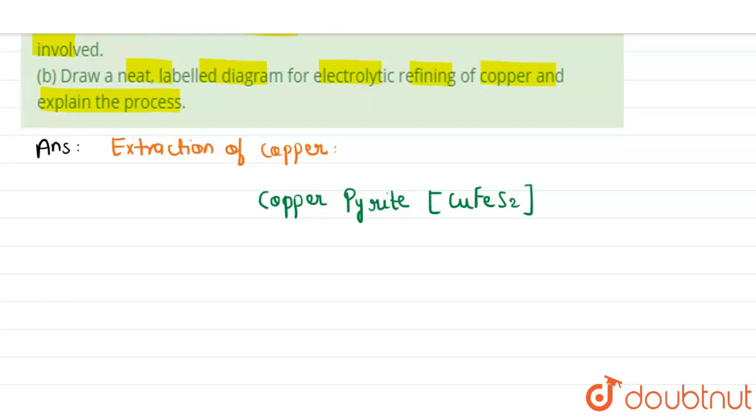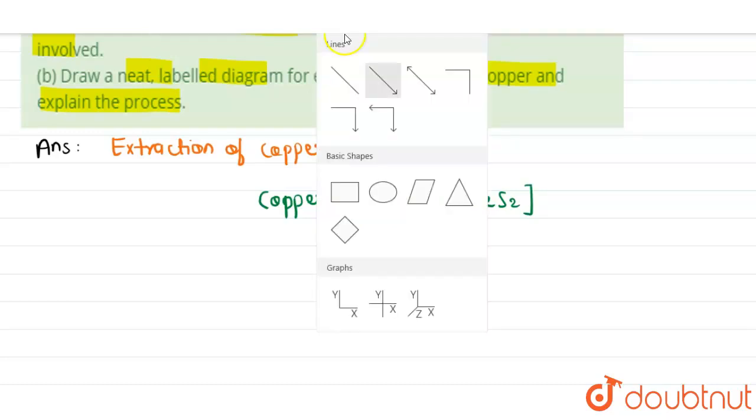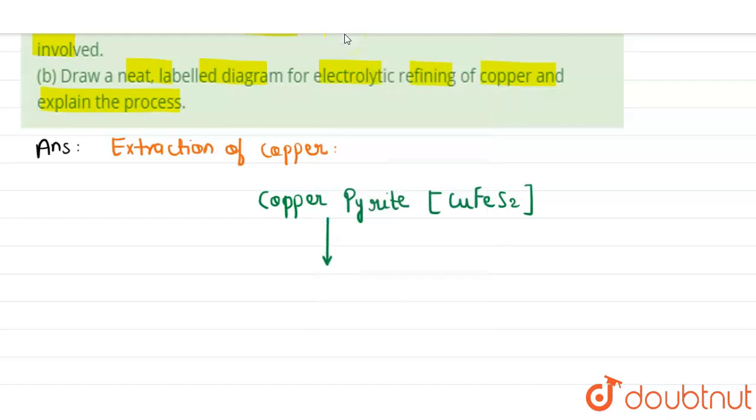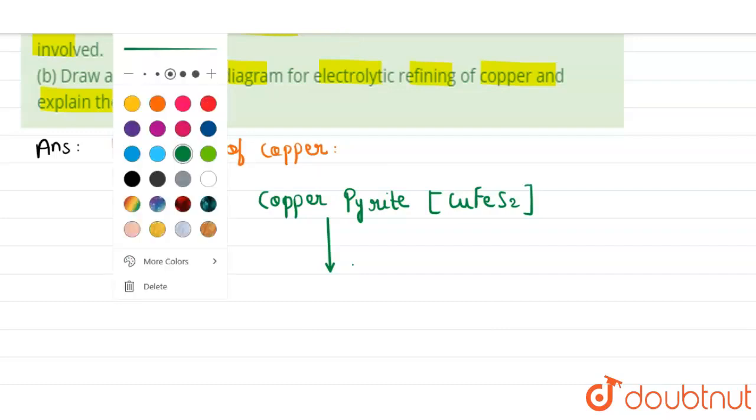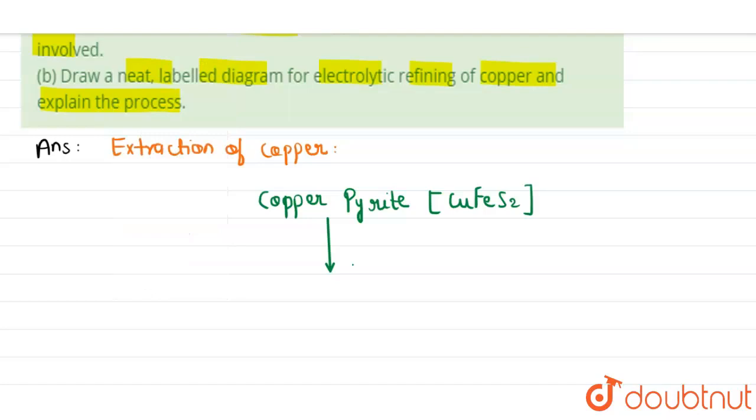Now what happens is the ore is crushed and sieved.